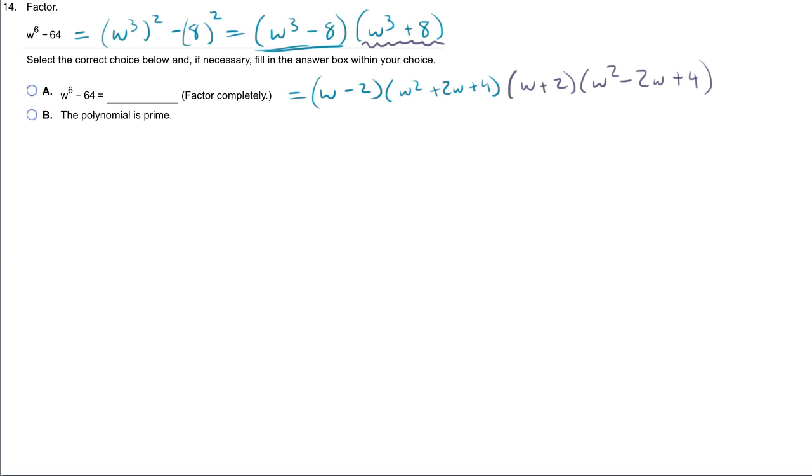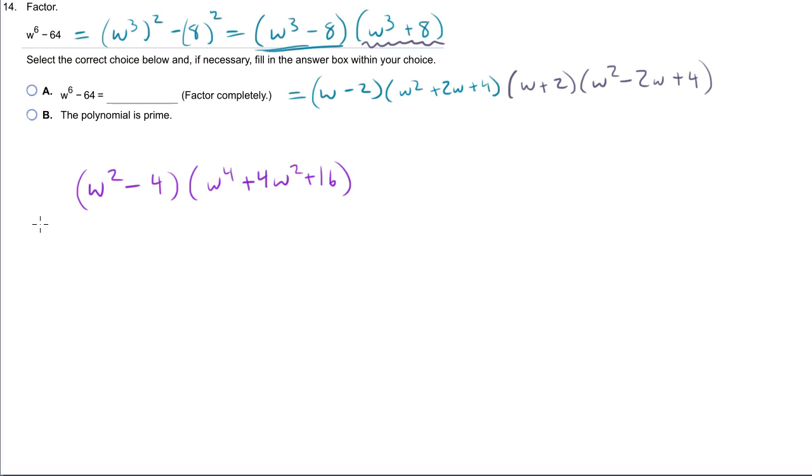What if we'd have factored it as cubed first? Then we would have gotten w squared minus the cube root of 64, which is 4, times w to the 4th plus 4w squared plus 16.